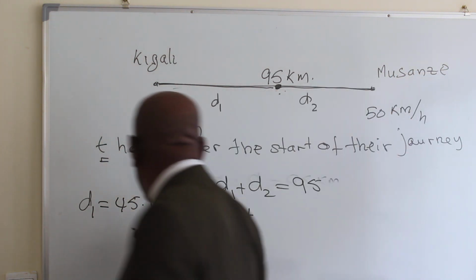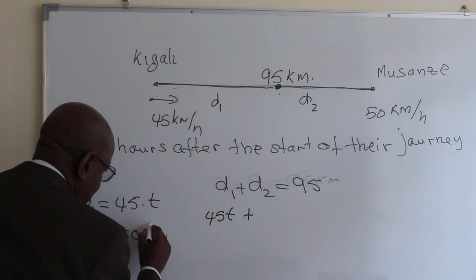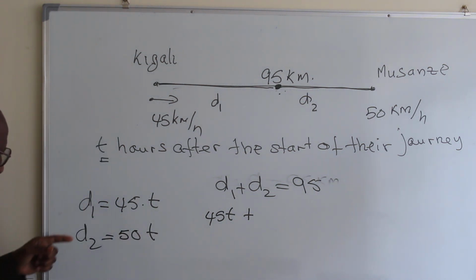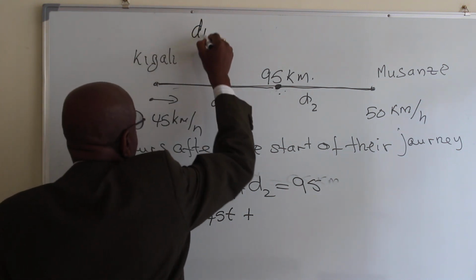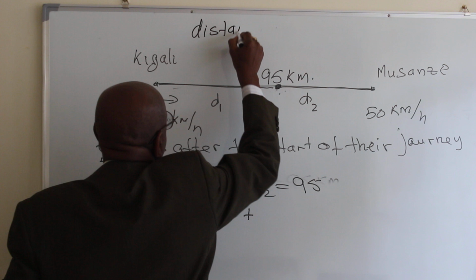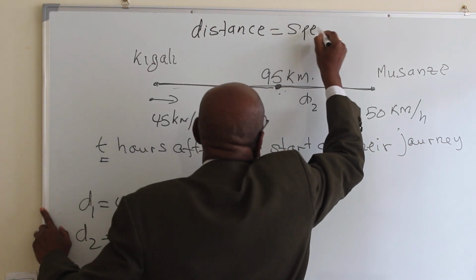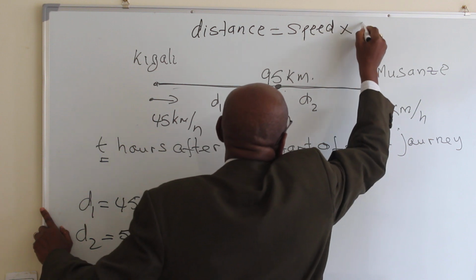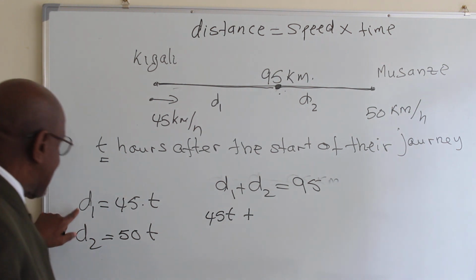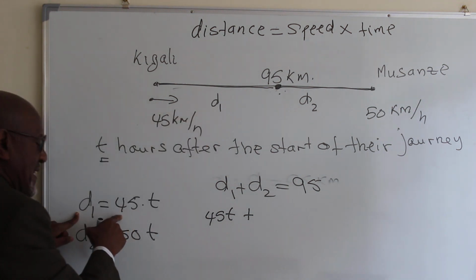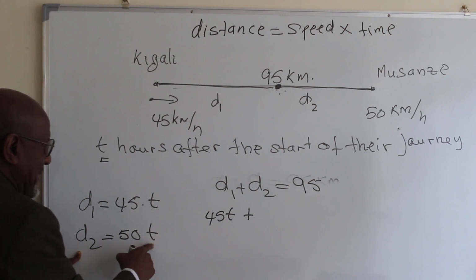Now our D2: the speed is 50 and the time is t. So D2 would be 50t, because distance is equal to the speed multiplied by the time. The distance traveled, D1, will be the speed multiplied by the time it takes, and D2 will be speed multiplied by the time it takes.